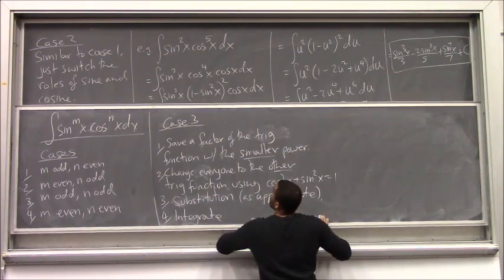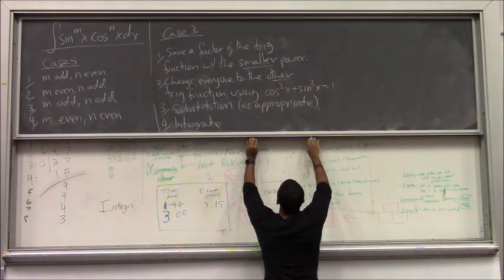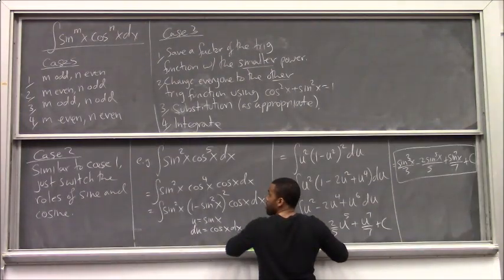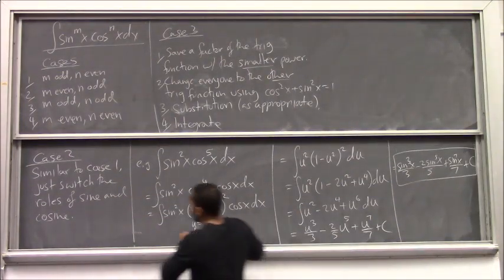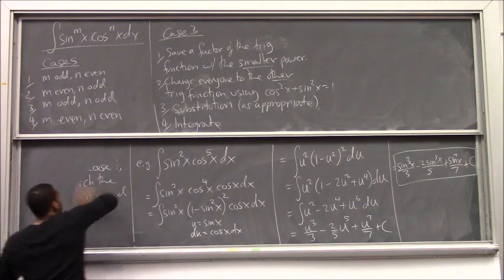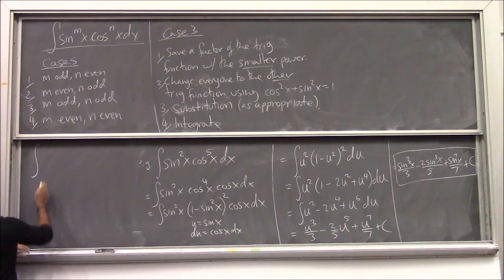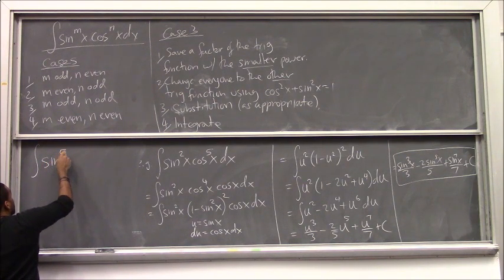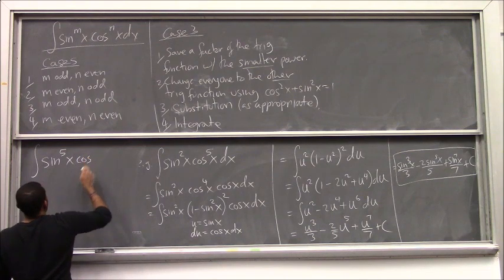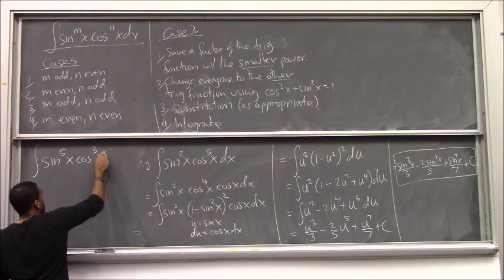Let's do an example. Let's say you had sine to the fifth, cosine cubed.